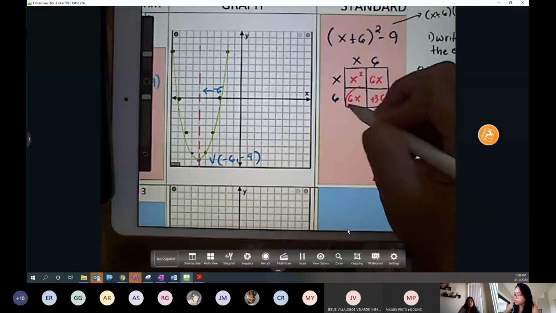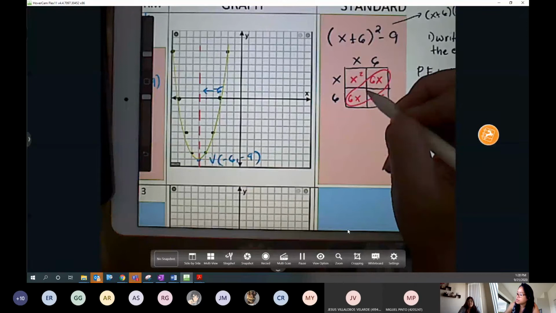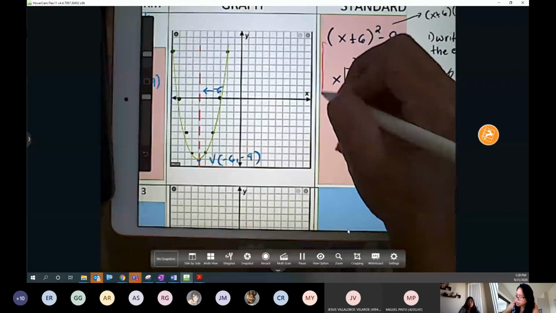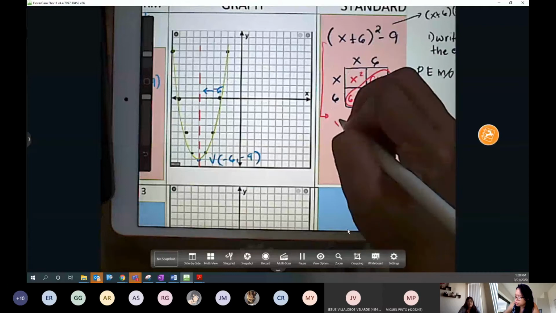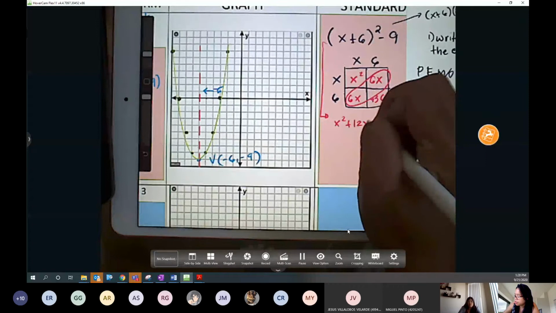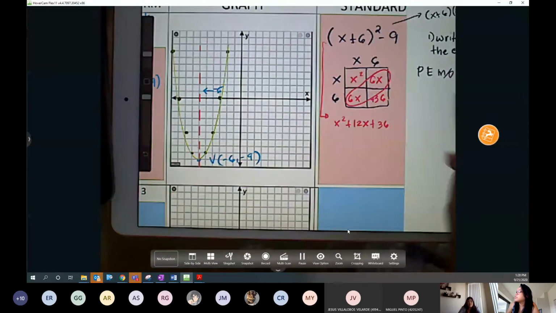So once we have this, we can already write it down, and then we can combine these x's. So our answer when we square x plus 6 is x squared, 6 plus 6 is 12x plus 36. That's our answer to this.